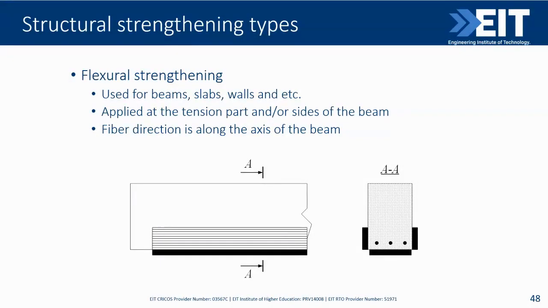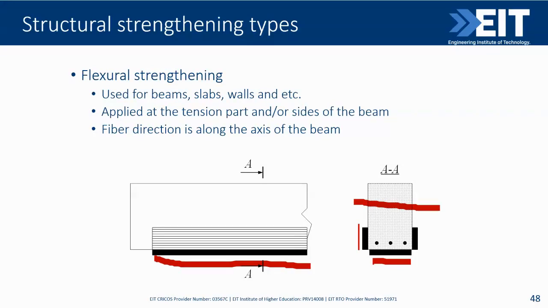It is applied at the tension side of the beam, and there's no point to apply it higher than the neutral axis. And there's no point to apply that in the compression zone, because it's not going to work there. So the fibers will be oriented along the axis of the beam for this case.